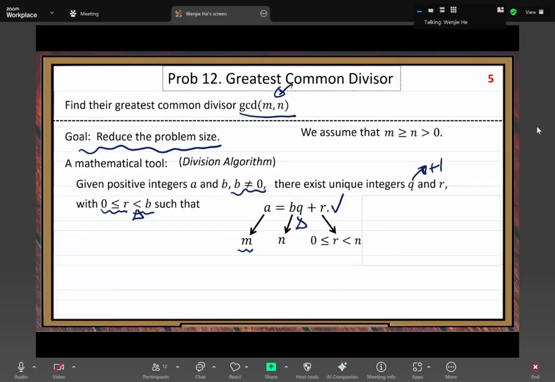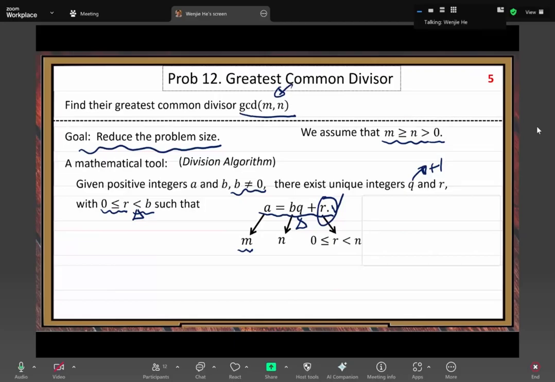But when we implement our new algorithm, for convenience, we like to make m greater or equal to n, because that's the meaningful case. In that way, when we do division like this, we can get a smaller R number, right?